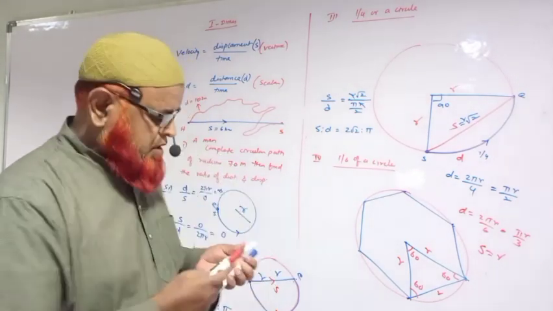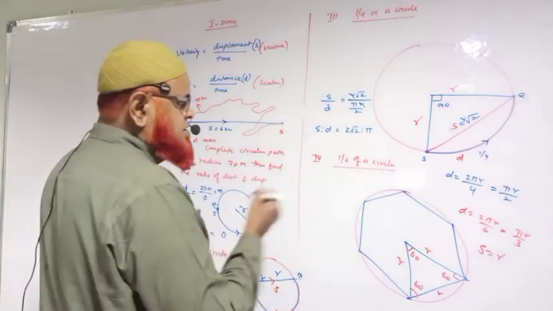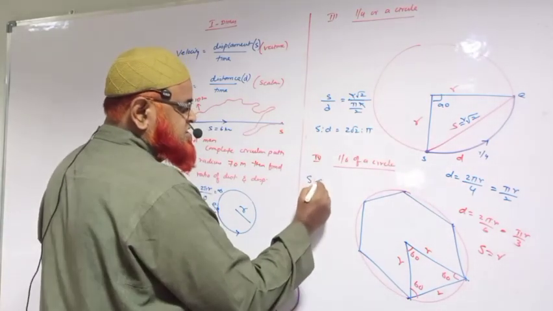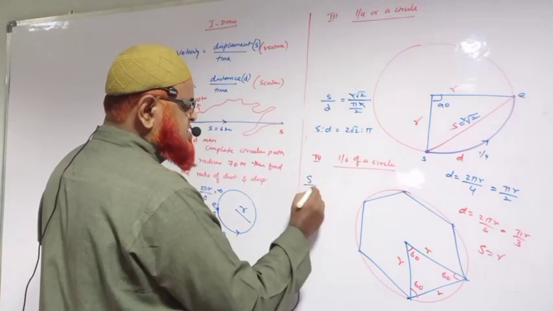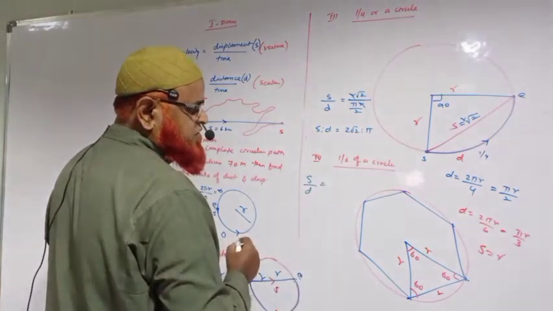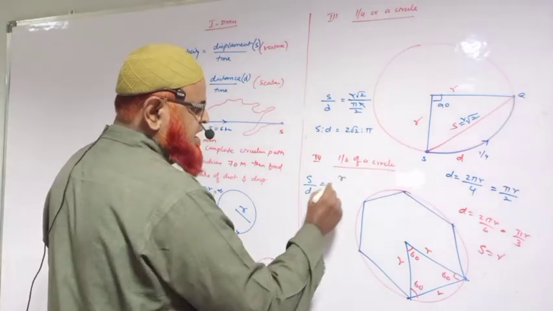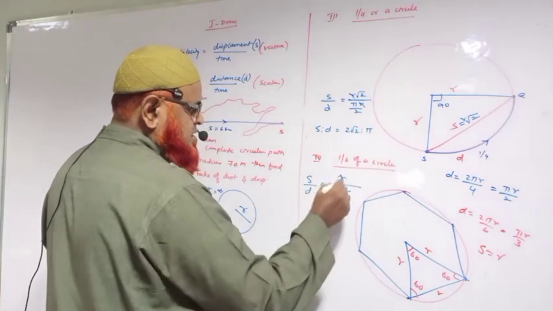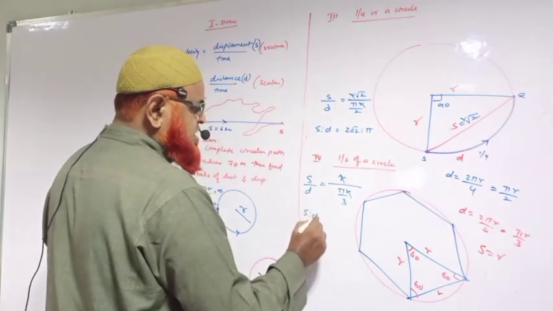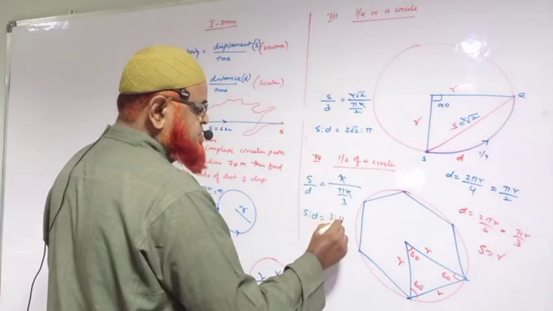Understood? Next. Then the ratio of distance by displacement is how much? For understanding, first of all, you just divide. So it becomes r by pi r by 3. So S is to D is nothing but 3 is to pi.